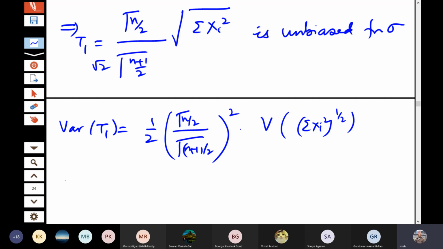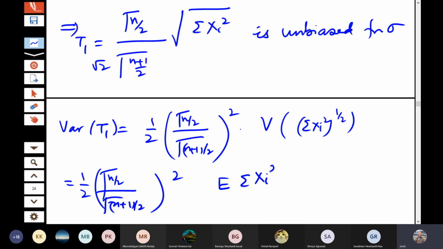So that is equal to 1 by 2 gamma n by 2 by gamma (n plus 1) by 2, whole square, times expectation of Σ ξᵢ² minus expectation of (Σ ξᵢ²) to the power half, whole square.